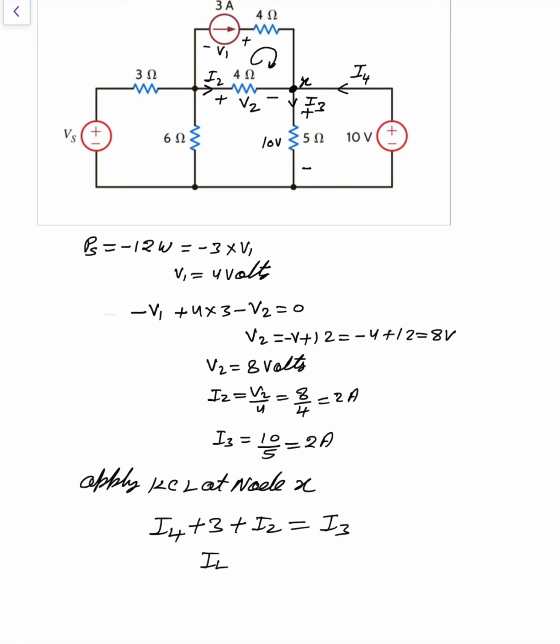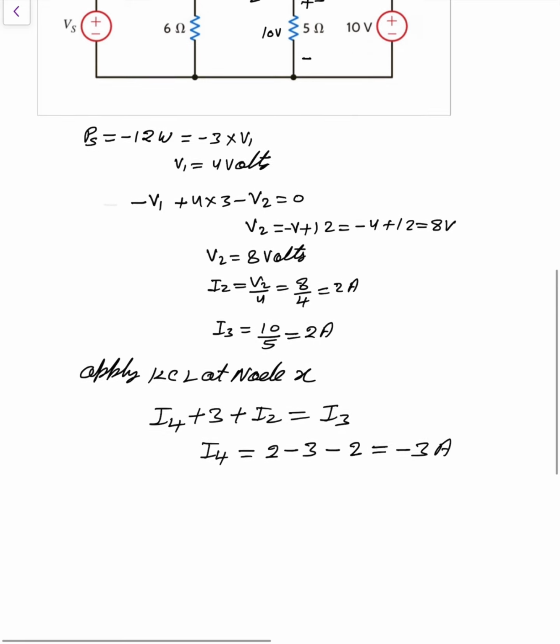So what about I4? I3 is 2 ampere, and 3, and I2 is also 2 ampere, so we got I4 is minus 3 ampere. Clear? I4 is minus 3 ampere.